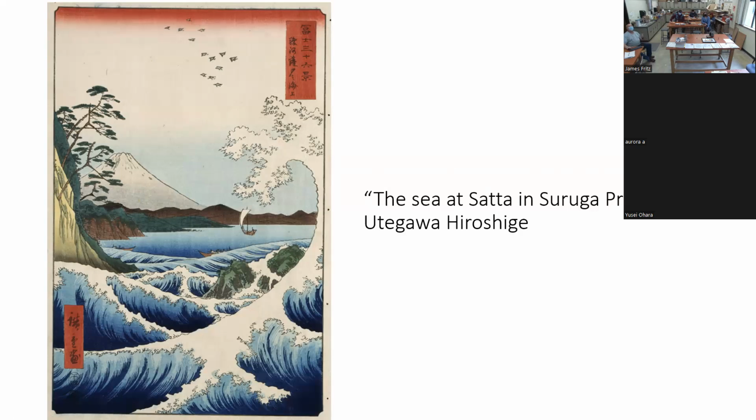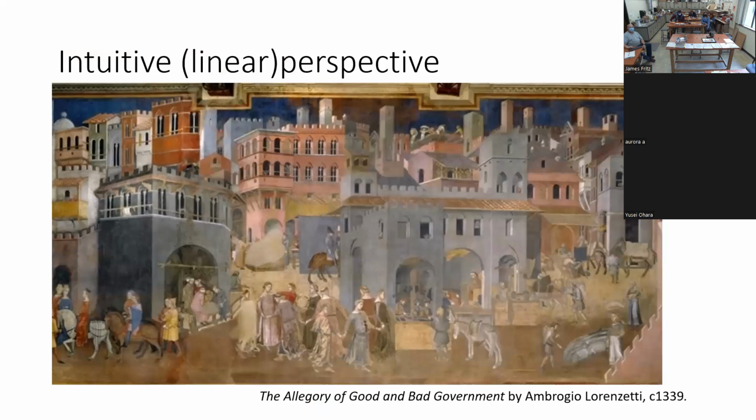The sacred mountain is in the distance there, one of the views of Mount Fuji, and the sky next to it is also very, very devoid, drained of color and just a very pale blue in the background. I'm going to skip this one and keep going here because I wanted to talk about linear perspective.